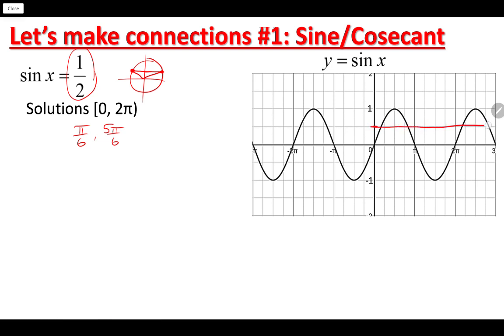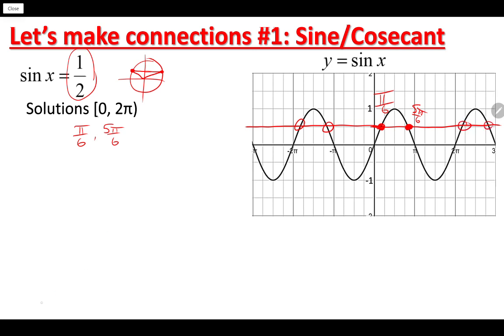Every place the curve hits that, and I can see it's happening many times. The two solutions I picked out were between 0 and 2 pi, pi over 6 over here, and 5 pi over 6. But that's not the only two solutions on the entire curve. There are additional solutions over here, negative angles, and then positive angles greater than 2 pi.